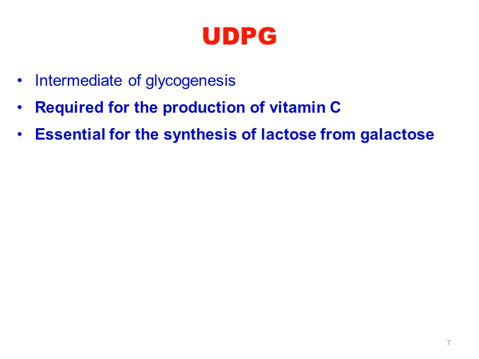What is the importance of UDP-glucose? It is the intermediate of glycogenesis, required for the production of vitamin C and essential for the synthesis of lactose from galactose.